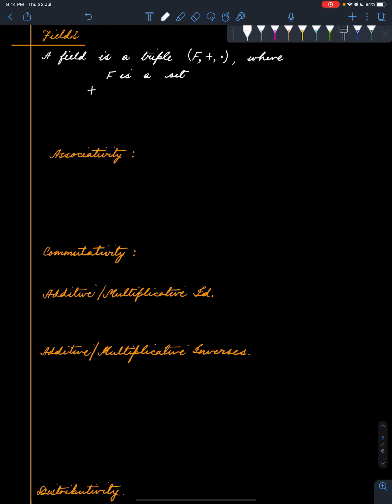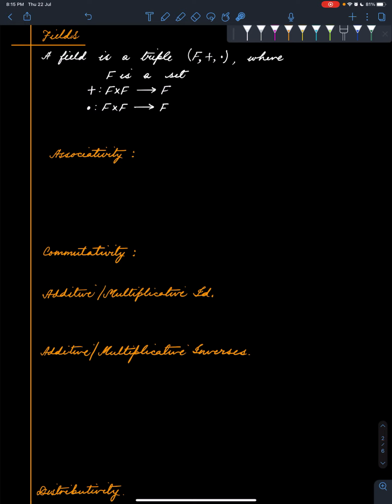This plus is actually a function of this sort, and the dot is also a function of the same sort. So do not confuse this plus with your usual plus as we use in natural numbers or rational numbers. This is just an abstractification of those pluses, if you will.